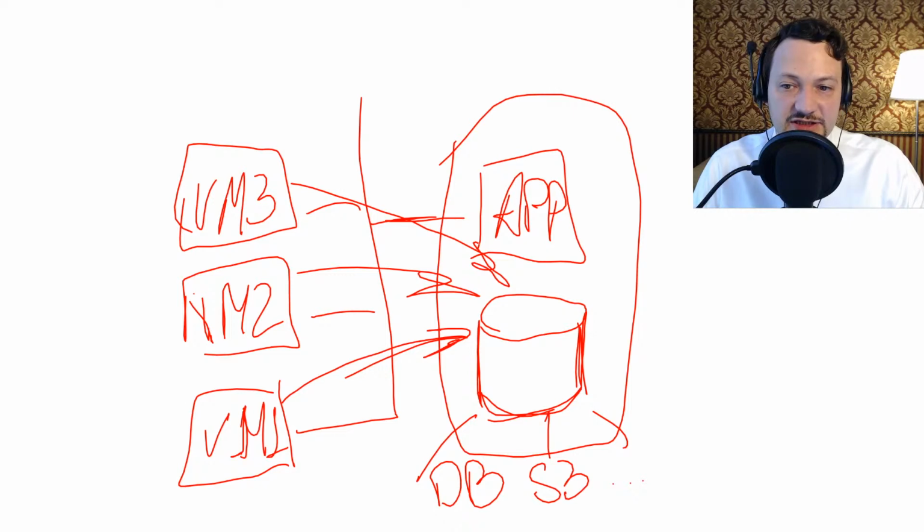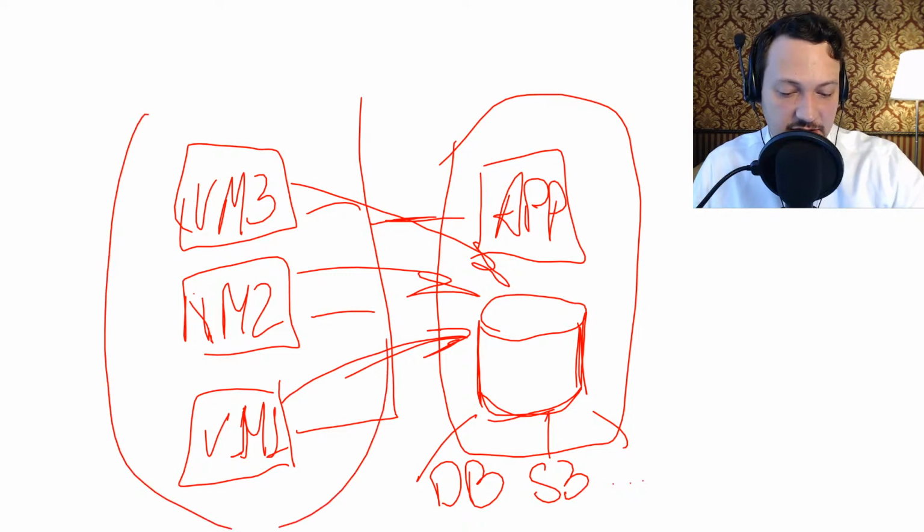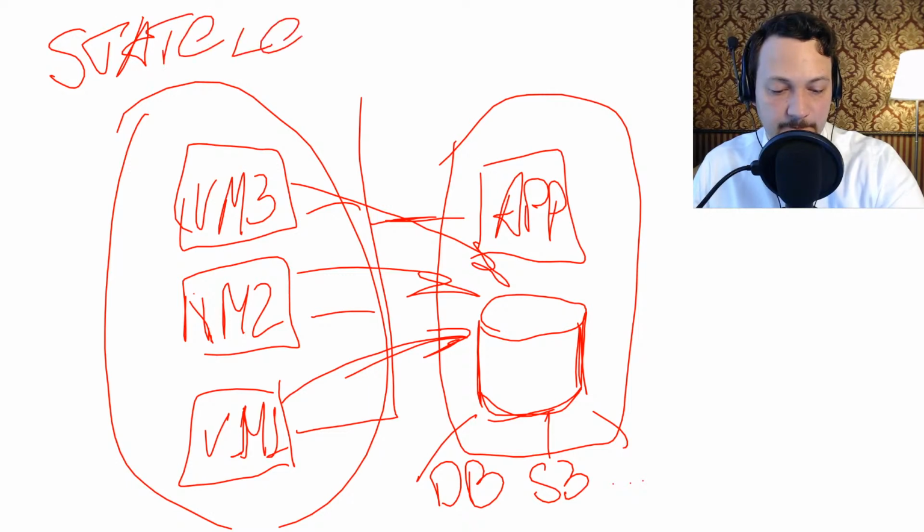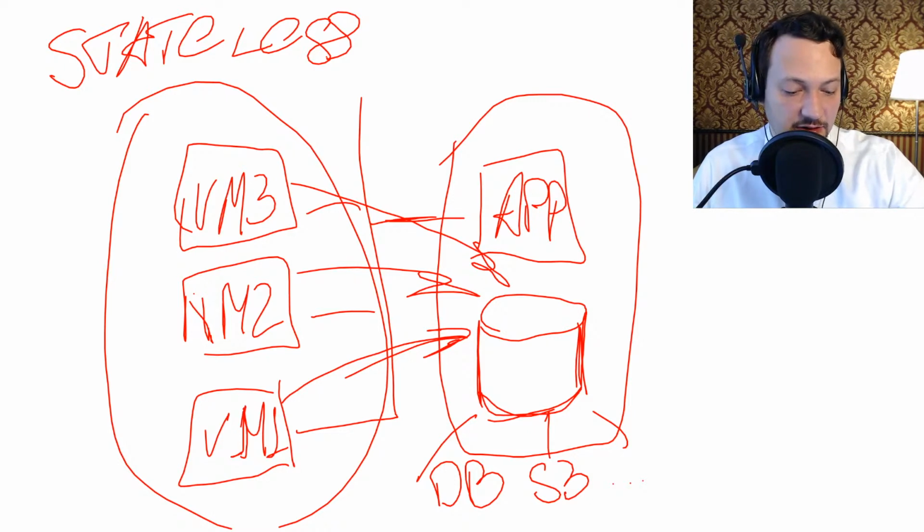So these virtual machines and cloud applications, in this case, would be stateless, because inside there would be no state. All the state would be here.